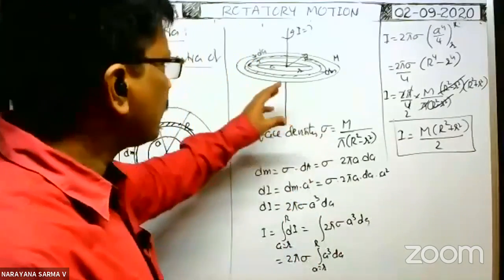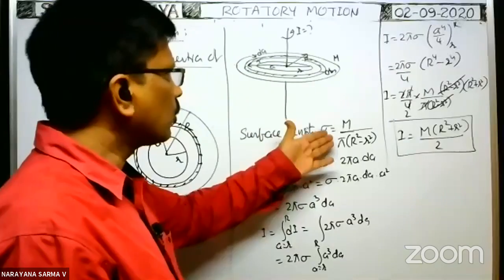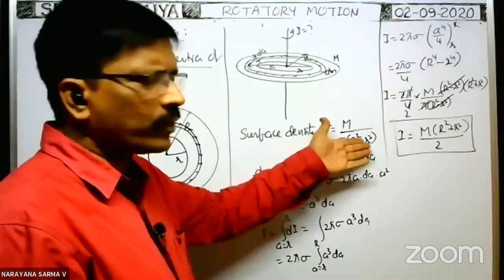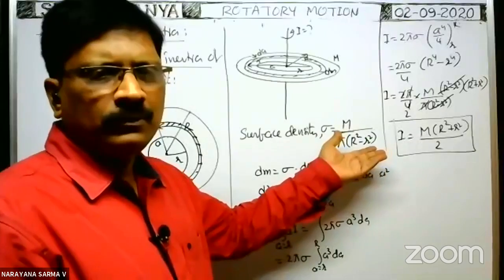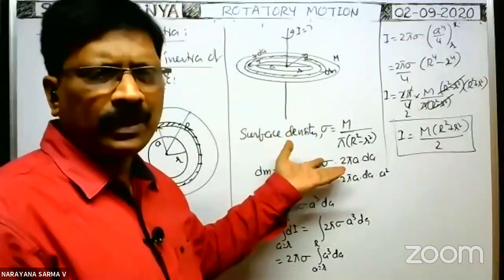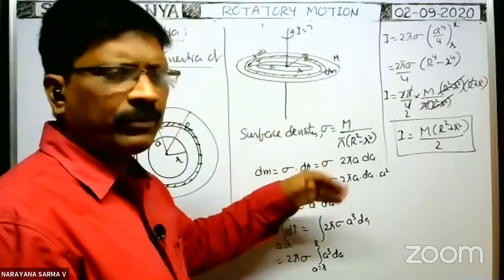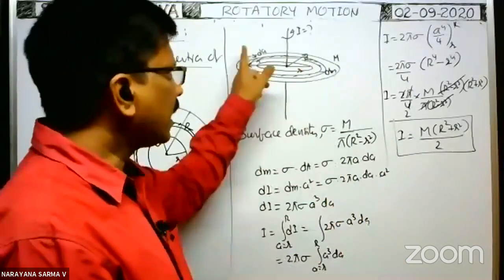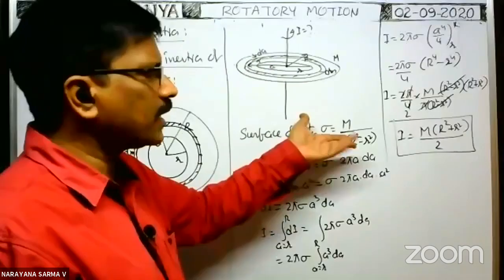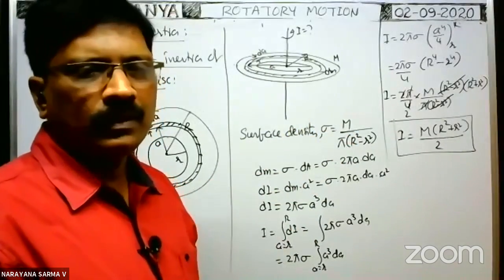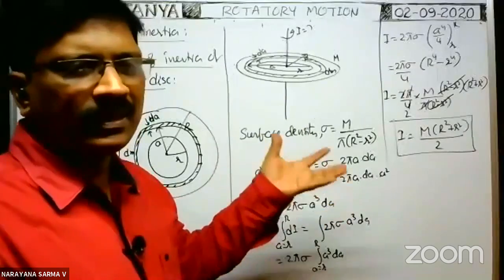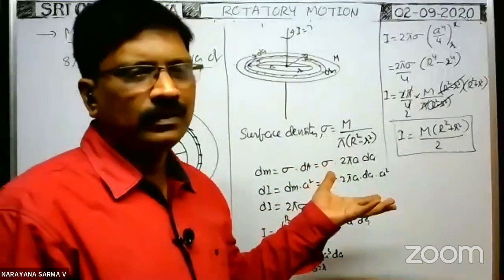Surface density is generally called mass by area. The area of the material of the disk means pi into capital R square minus small r square only. We should not just remember formulas. Surface density is a fixed formula, mass by area. In this case, the area is pi of R square minus small r square. If you are only remembering formulas, what is the need of making videos?